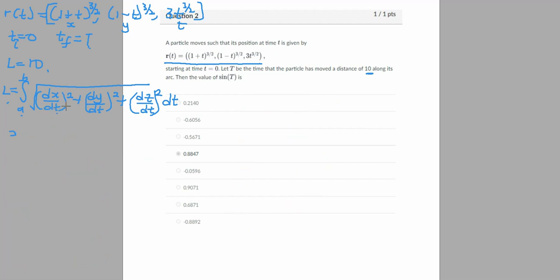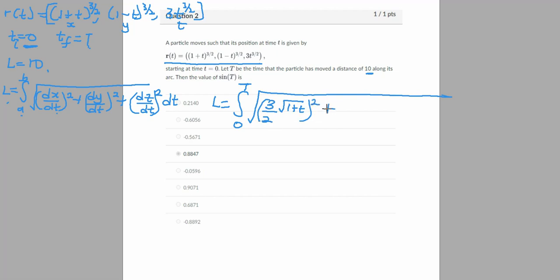So now that means our L will be equal to the integral from a. What's our a? Our a is the initial position, which is 0, to the final position, which is t. Then square root of dx/dt squared. What are they? We got dx/dt, if you remember, 3 over 2 square root of 1 plus t all squared, plus dy/dt.